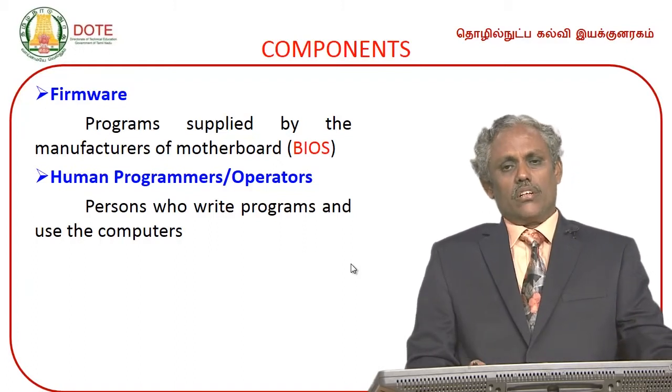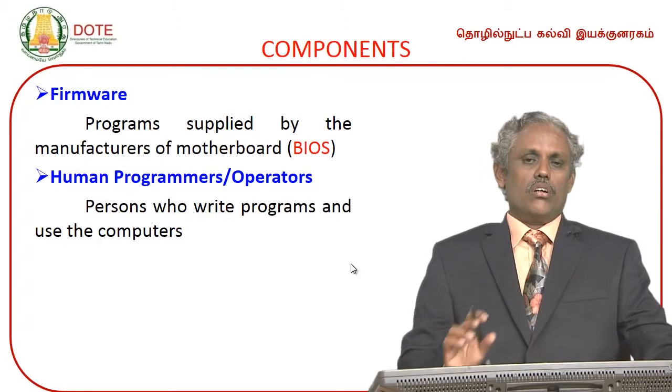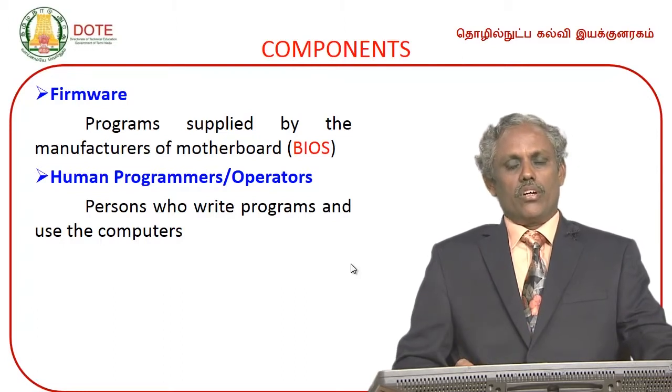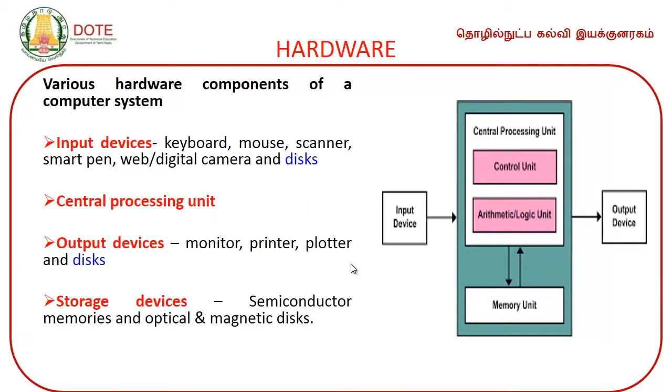All these components, hardware, software, firmware and human operators or programmers, are required for the effective use of a computer system. Now, the hardware: you see what devices are used in the computer machine.